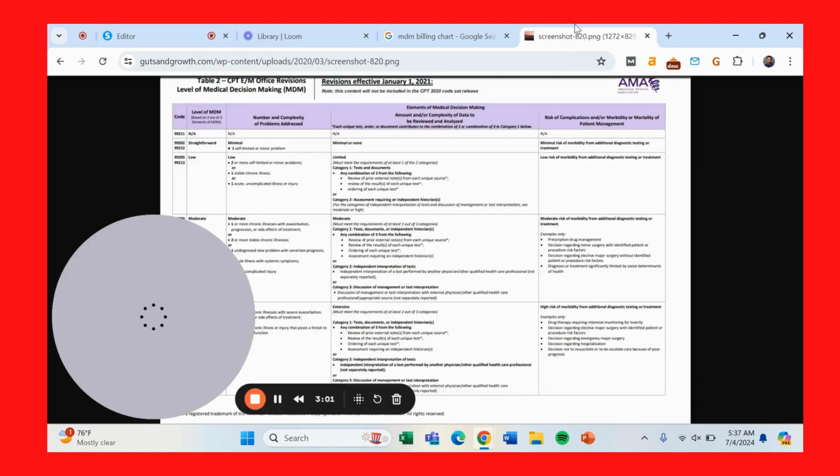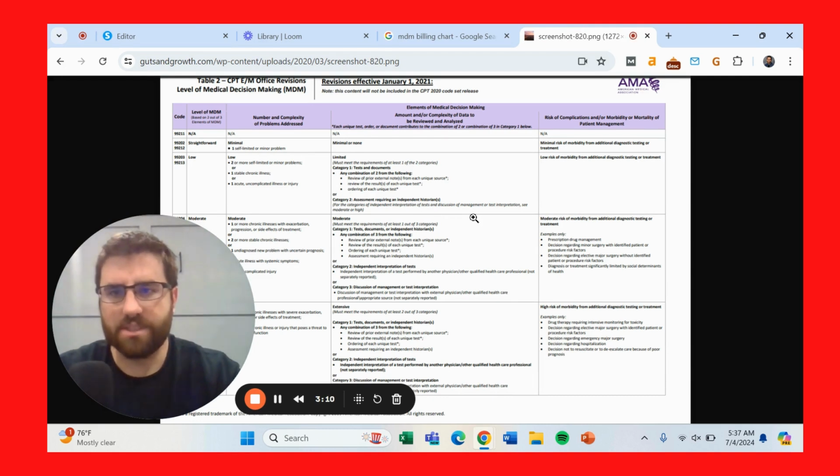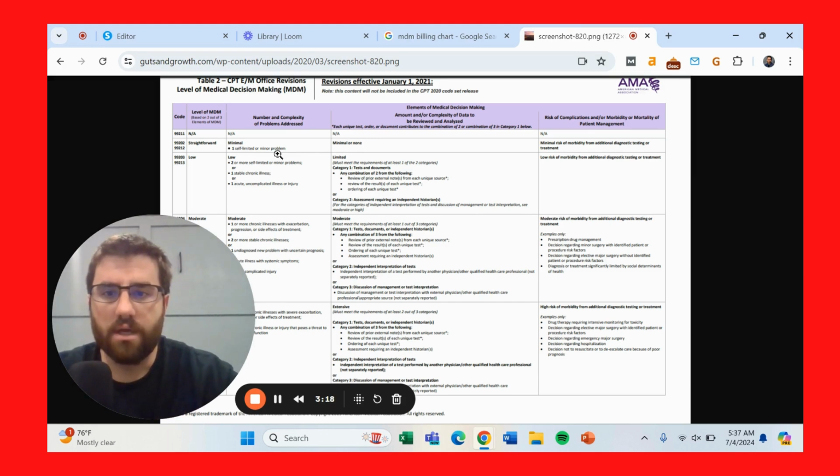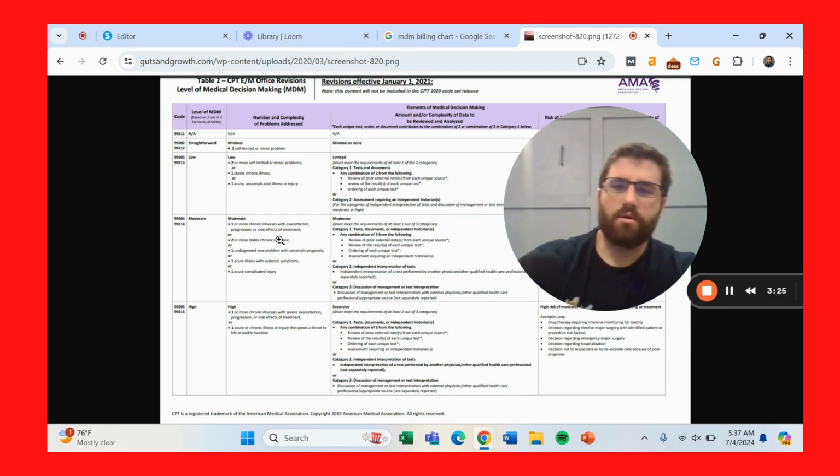Medical decision making takes a little bit more finesse. It takes a little bit more looking at this and going over it a few times. So when it comes to medical decision making, there are 3 columns or 3 categories, and you have to meet 2 of the 3 in order to bill a certain level. Look at a level 4, a moderate bill.